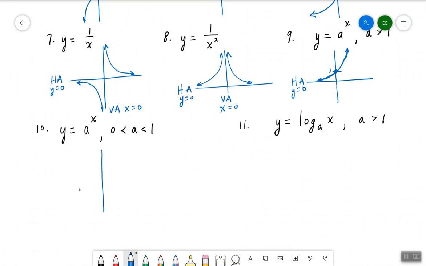In number 9, the graph is increasing. In number 10, the exponential graph is decreasing. And the last one.